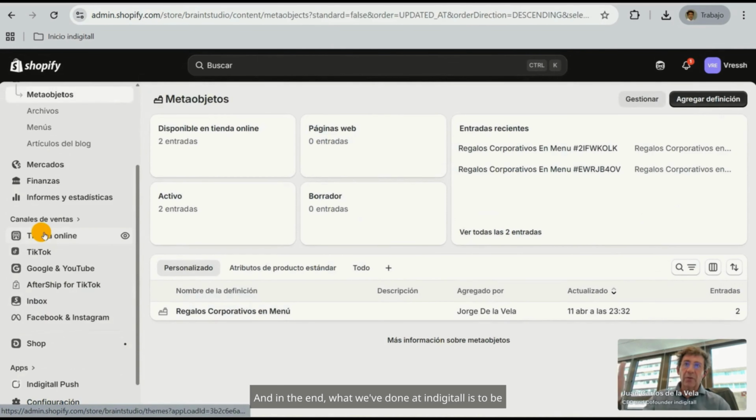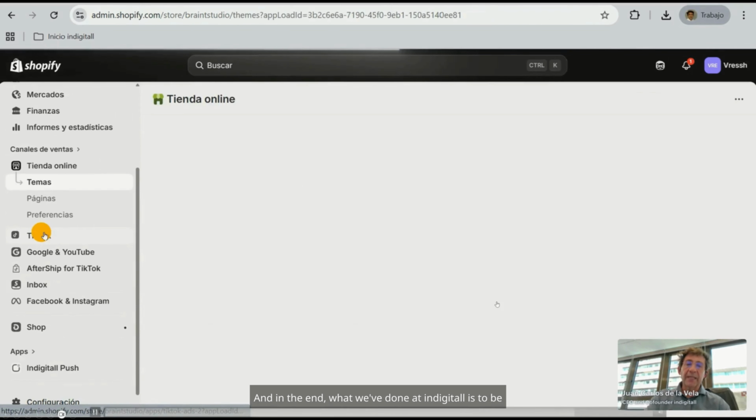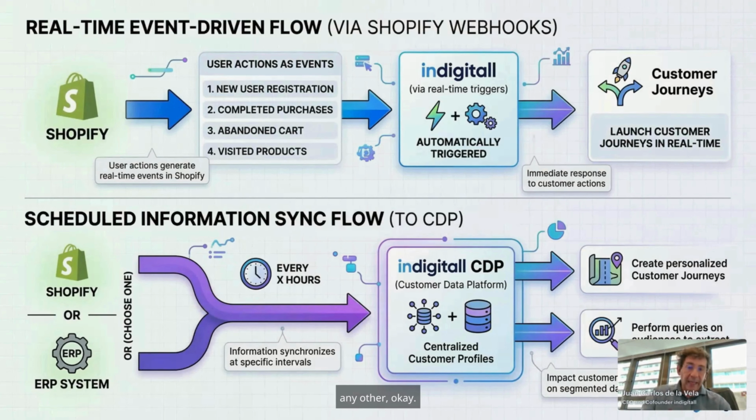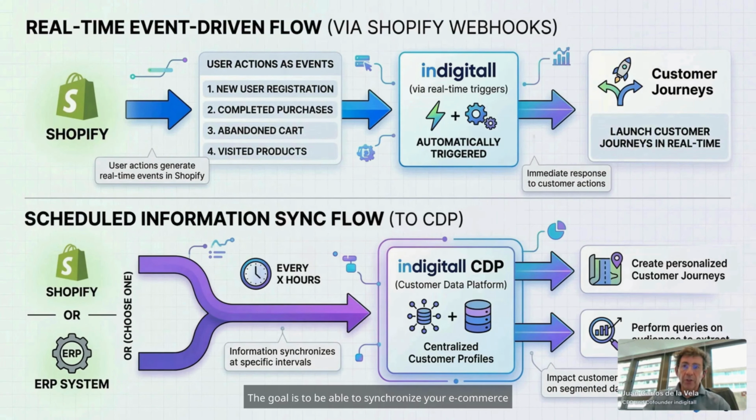And in the end, what we've done at Indigitall is to be able to synchronize from Shopify, which we can do with any other. Okay, I insist it's not a critical issue that it's Shopify. The goal is to be able to synchronize your e-commerce so that you generate real-time events.